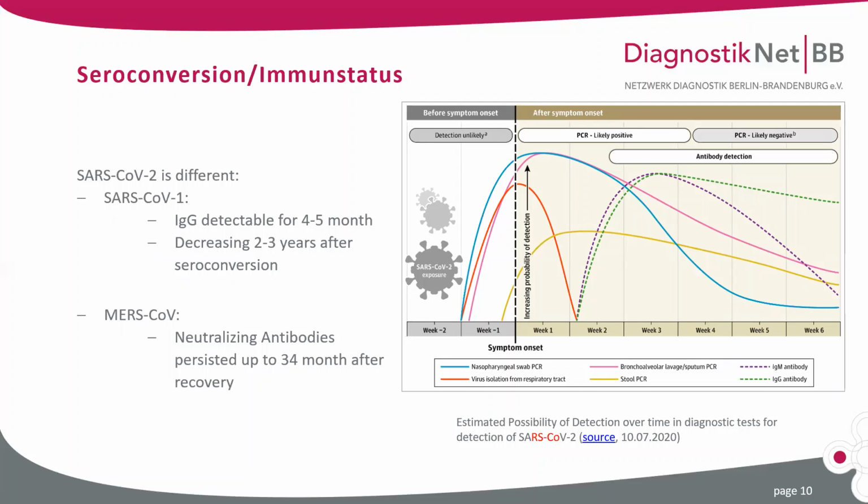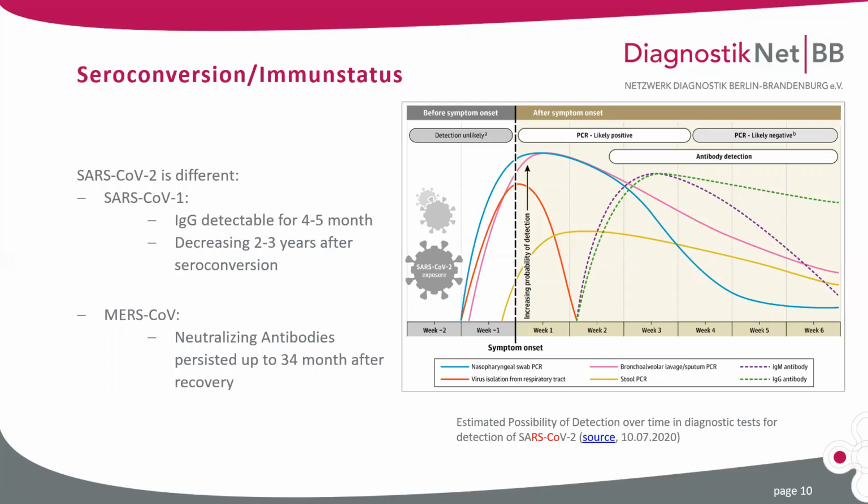While we know that SARS-CoV-2 is different, in SARS-CoV-1 we had the IgG detectable for 4 to 5 months, and just decreasing slowly 2 to 3 years after seroconversion. And for MERS, for instance, we have neutralizing antibodies persisting at least up to 34 months after recovery, so having a long-term protection at least for some years here.